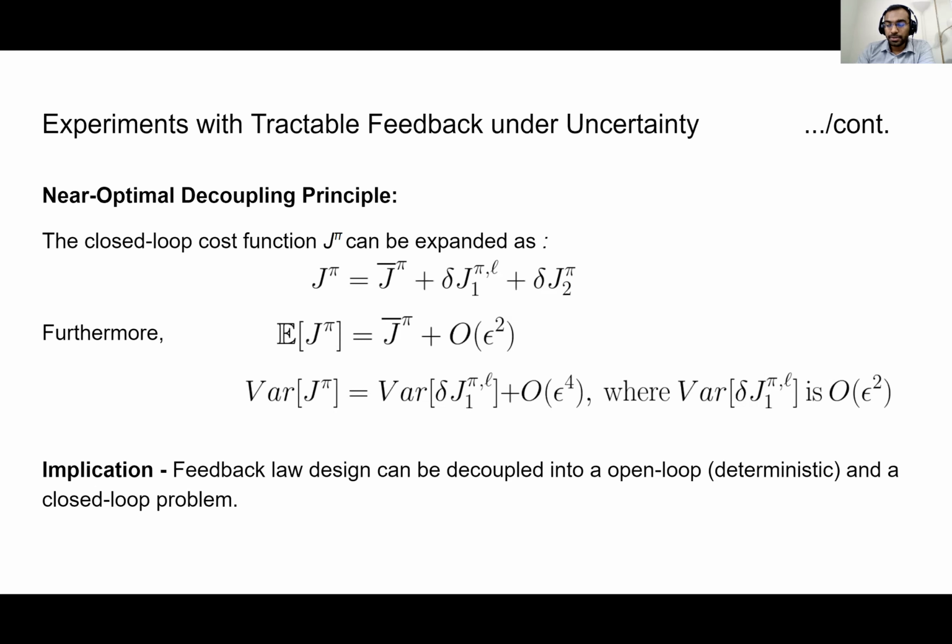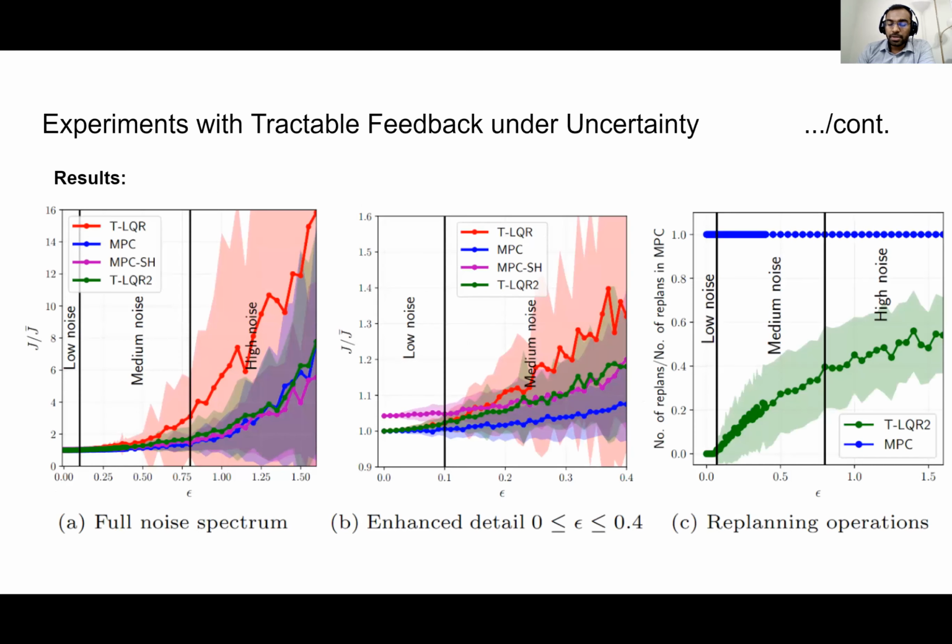Next slide, please. The experiments also show the near optimal nature. When noise is low, at low epsilon values, there's no difference between the deterministic feedback law, which is MPC, and the linear feedback law. But in high noise cases, we need replanning and MPC to maintain optimality.